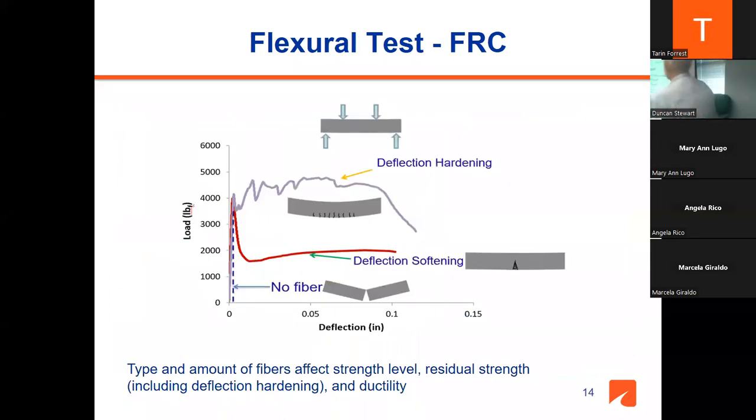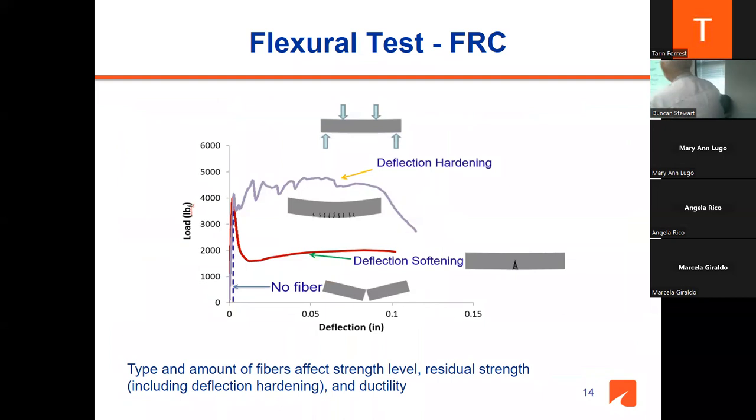This is something very interesting and important figure for you. And if we understand this, it helps us a lot about the fiber reinforced concrete. Here in the very left, as you see, no fiber. And no fiber means just the plain concrete.